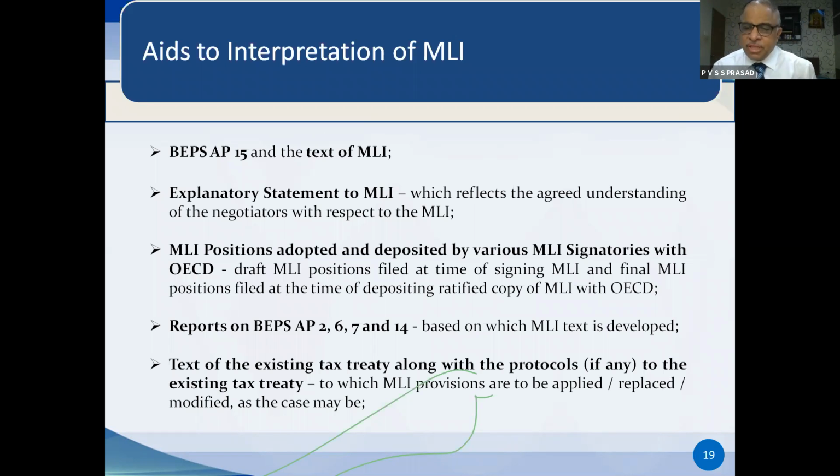Some of them come into the domestic law. Some of them have to be implemented through the treaty network. Text of the existing tax treaty along with protocols, if any, are also important aids to the interpretation. The existing tax treaty, definitely we have to go through what is there in that.